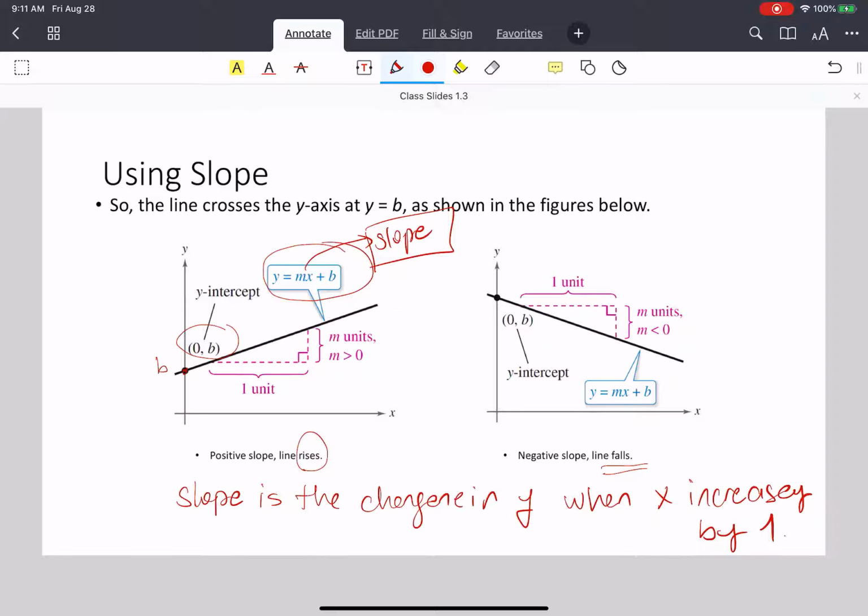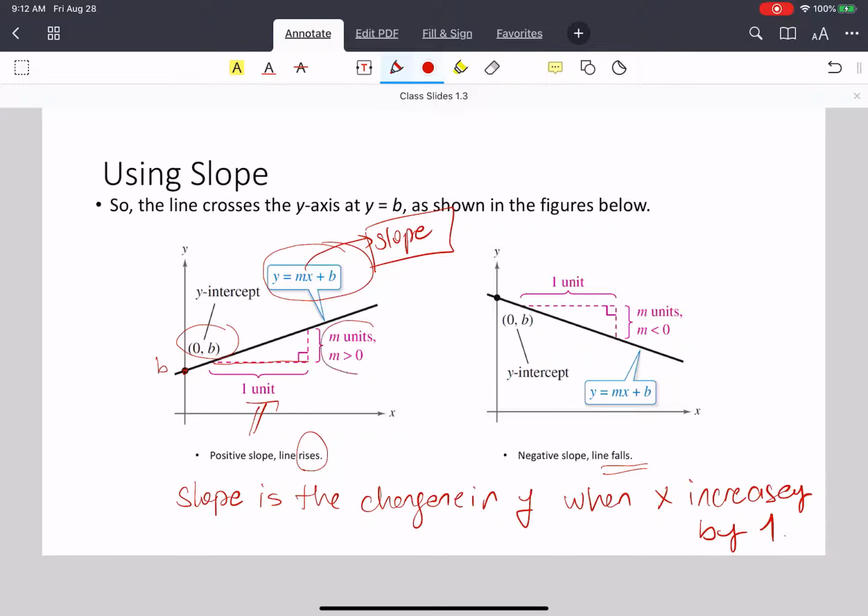So every 1 unit increase or change in x results in how much change in y. So that's the idea of slope. You may have heard different definitions and descriptions for slope, but the basic idea is always the same. For 1 unit change in x, how much does y change?